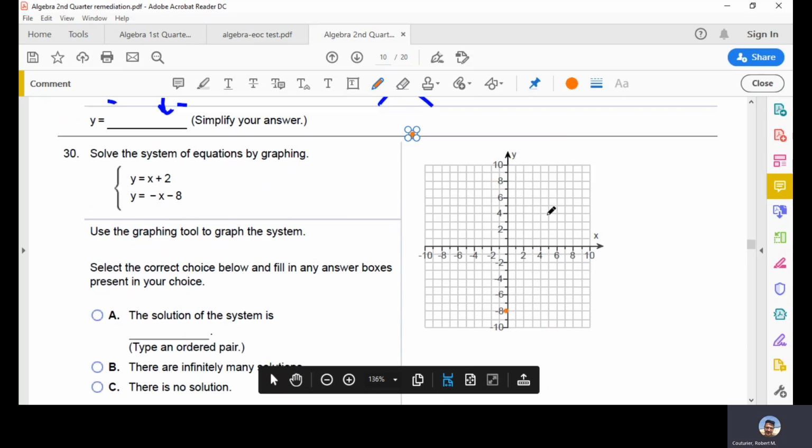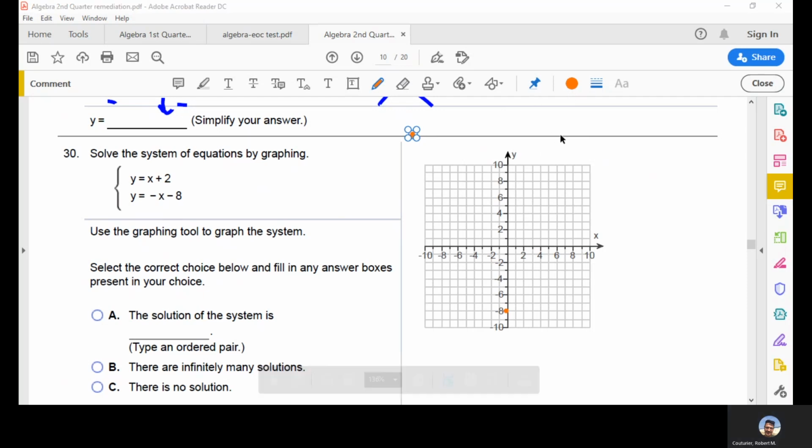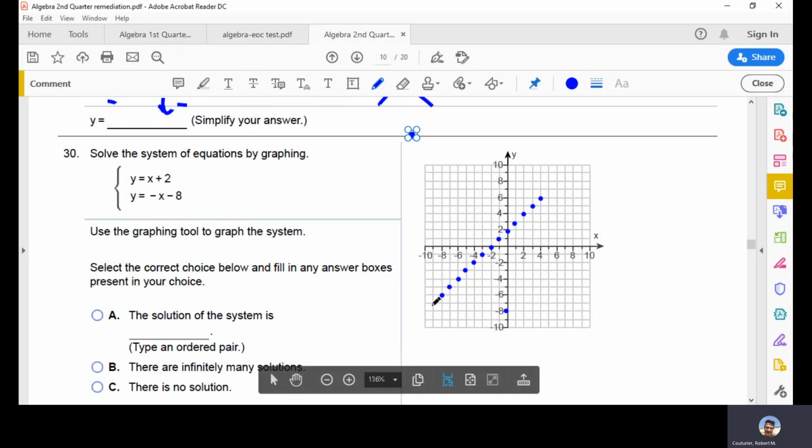Oh, our entire other line disappeared. All right, let's do this one again real quick. It's always when we try to use colors so we can make learning fun. Technology does not want to cooperate.